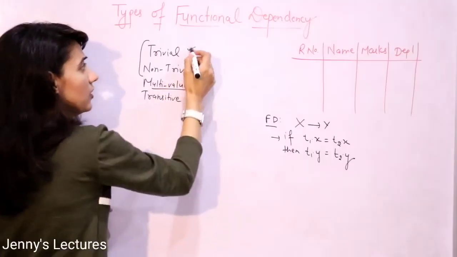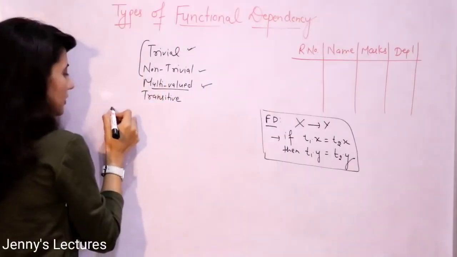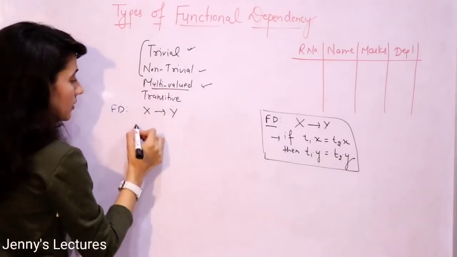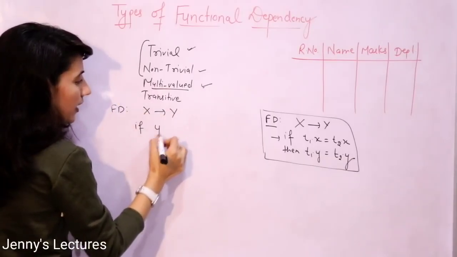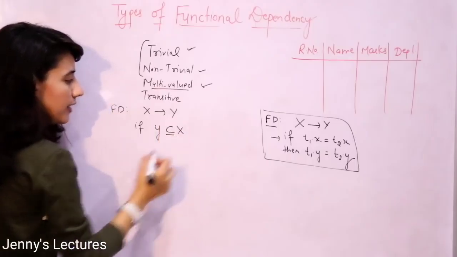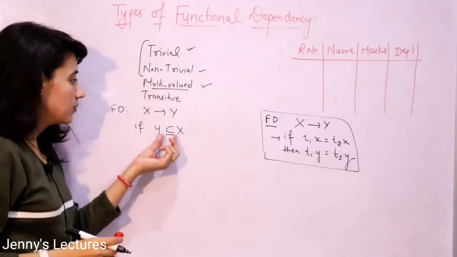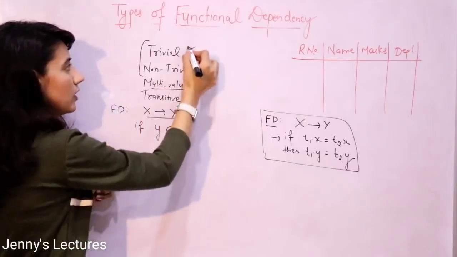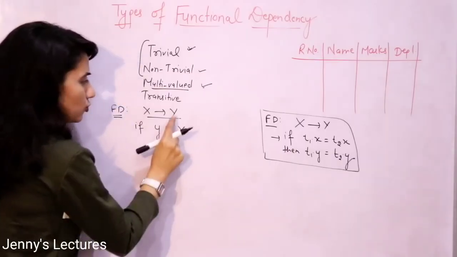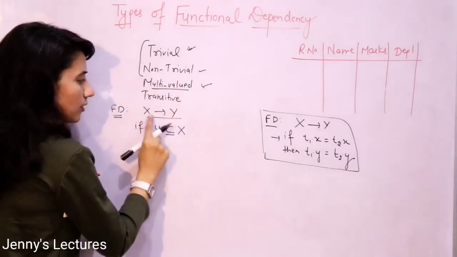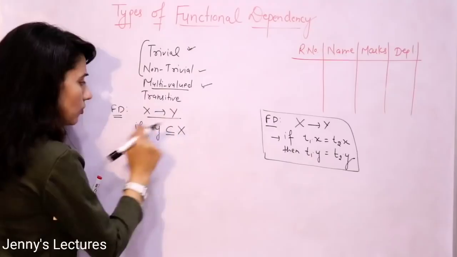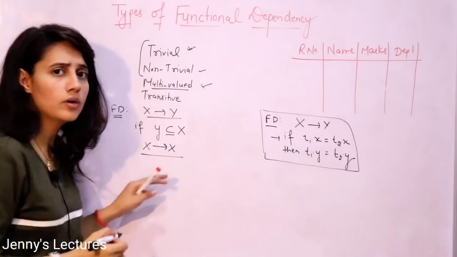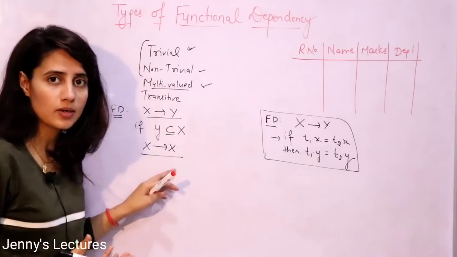Now see, what is trivial functional dependency? X determines Y. Here if Y is subset of X, then we can write X determines Y, and this would be a trivial functional dependency. Or you can write, if I am writing X determines X, this is also a trivial functional dependency, right?